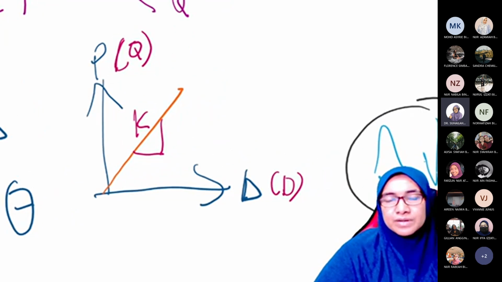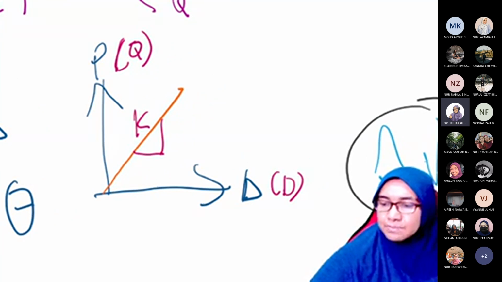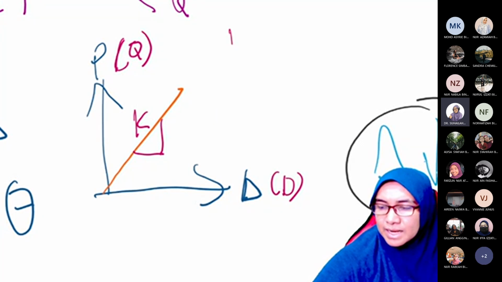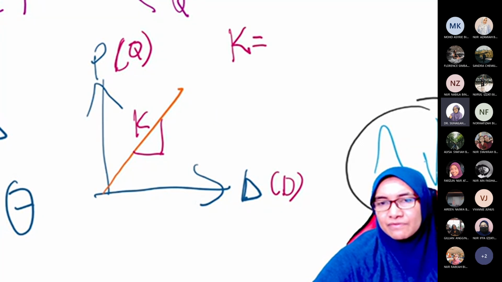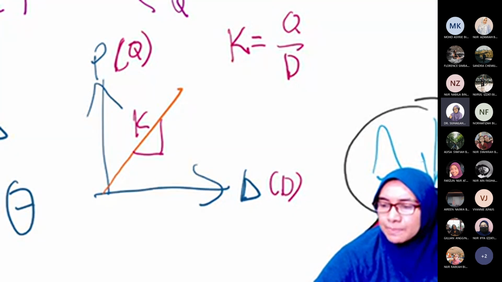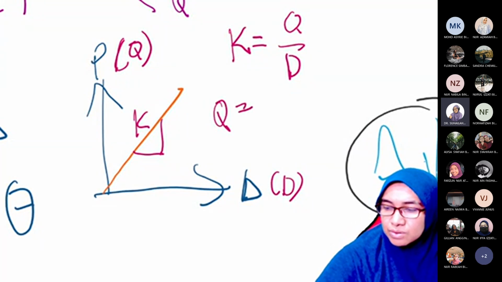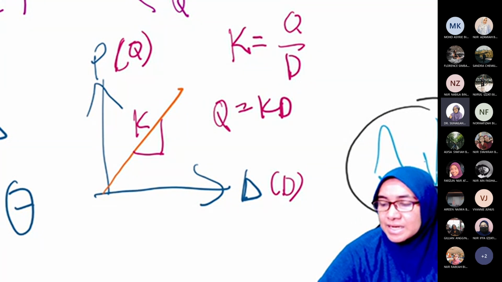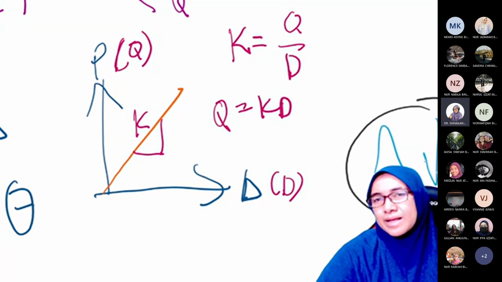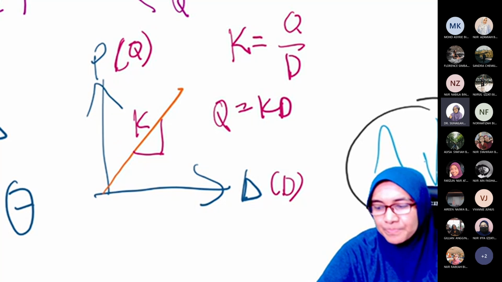So why we have the stiffness equation where the formula is Q equals KD: K is the gradient, and to get the value of K from the graph, it is Q divided by D. That is why the equation we use to analyze structures is Q equals KD. Q equals KD is what we call the force displacement equation, only in the stiffness method we use it in matrix form.